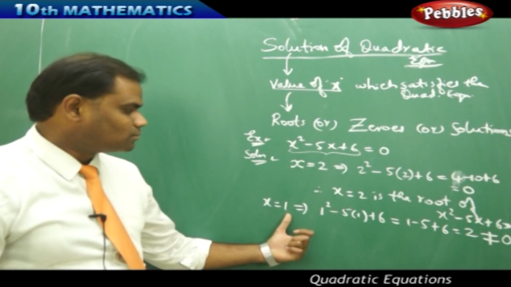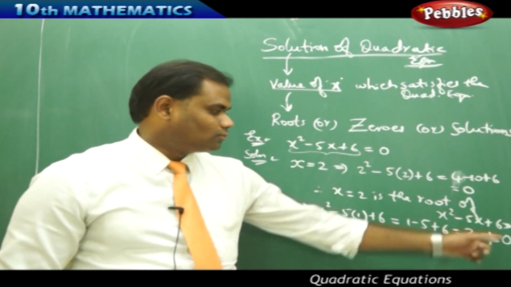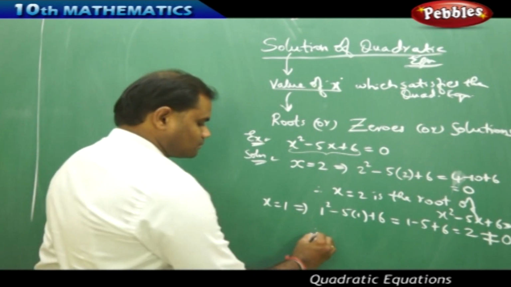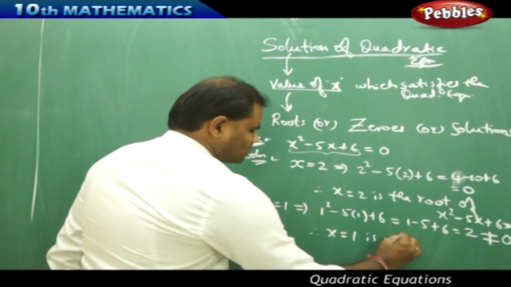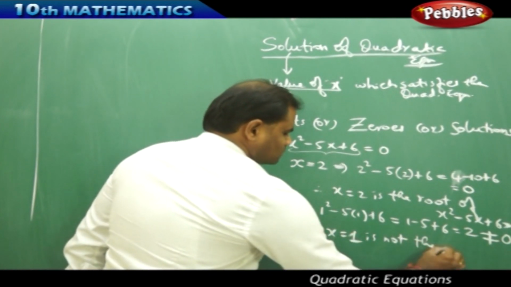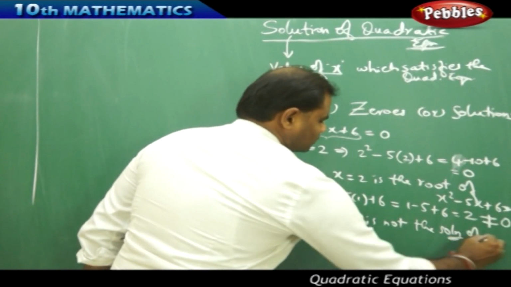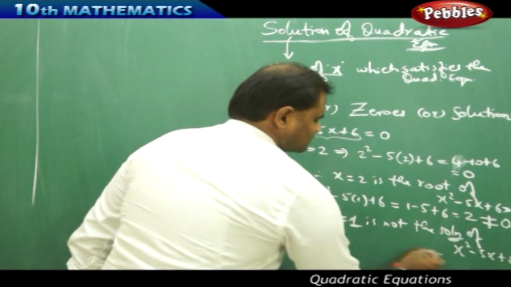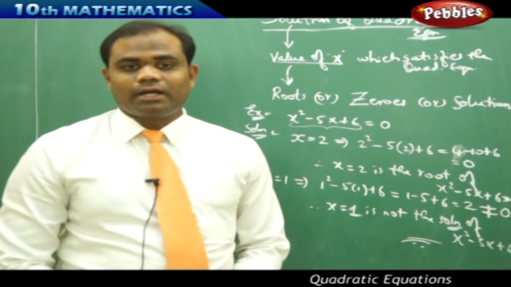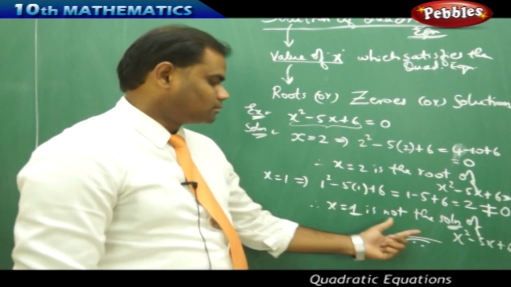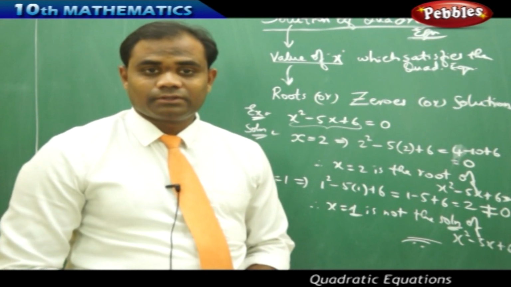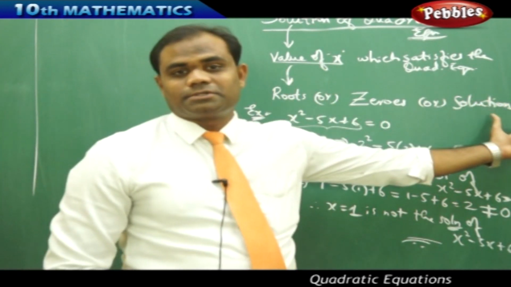Therefore, x equal to 1 is not the solution of this quadratic equation, is how I conclude. x equal to 1 is not the solution of x squared minus 5x plus 6 equal to 0, is how I understand the difference between the solution and not the solution. So that is the solution of a quadratic equation, using the three different names with its notation.